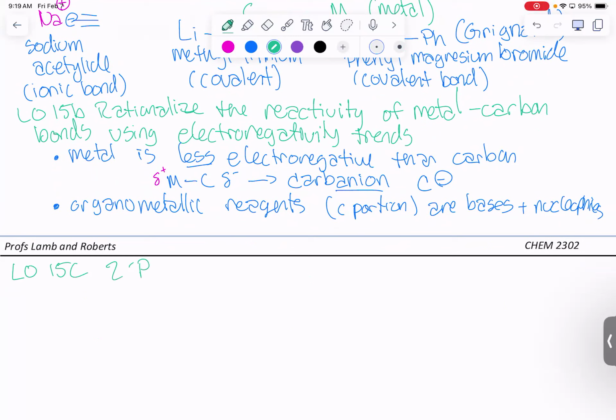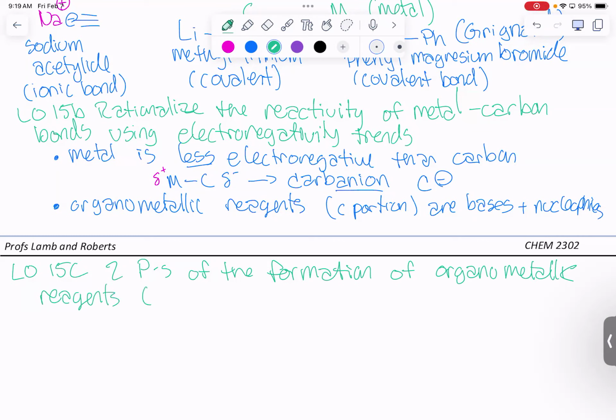So remember, this means no mechanisms. So the two P's of the formation of organometallic reagents. And in the book, you can find this in section 15.3.